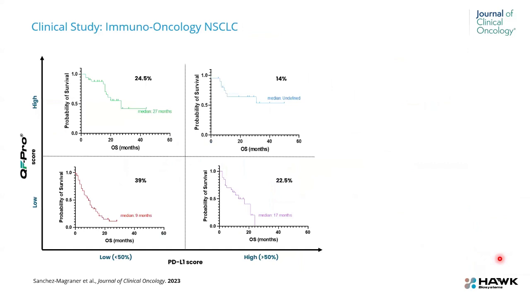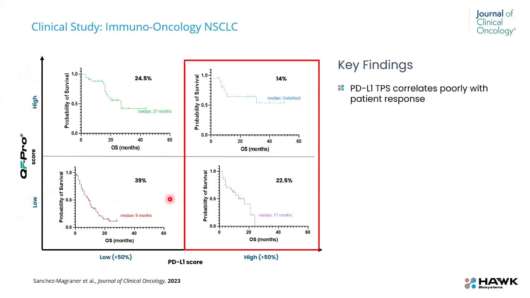And if we expand these results a bit further and we plot the patients based on their PD-L1 expression levels or their QFPro score, that would be the interaction level, we can see that nearly 22.5% of patients are being treated inadequately. So PD-L1 is not a good biomarker for patient response.